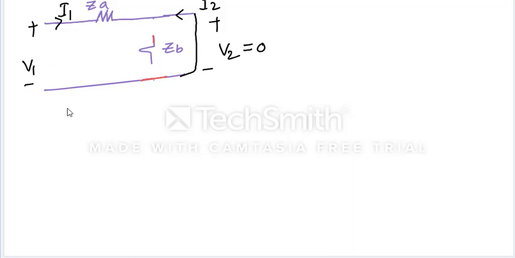What is the relation here? I1 is equal to minus I2, in the opposite direction. Next, V1 is equal to ZA into I1.